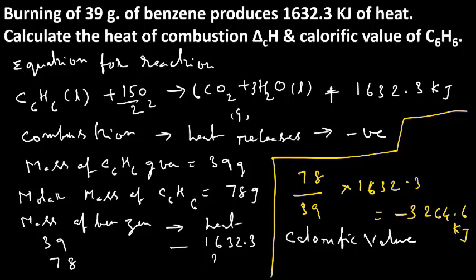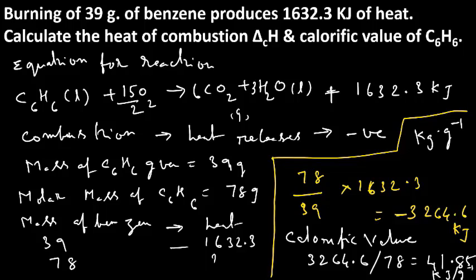Then for 1 gram, we divide this value by 78. Therefore 3264.6 by 78 is equal to 41.85 kilojoule per gram. So this is the unit of calorific value.